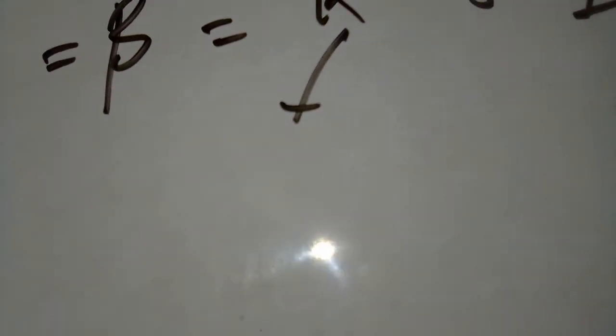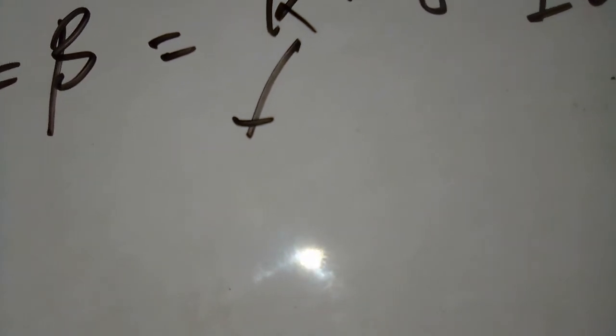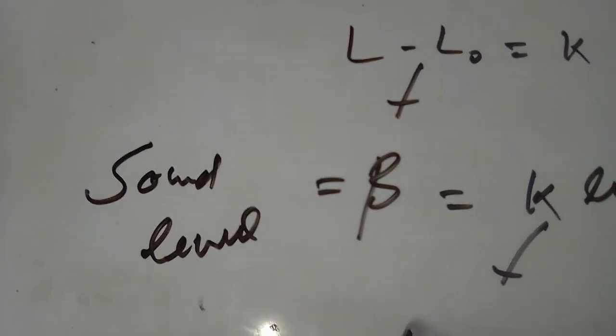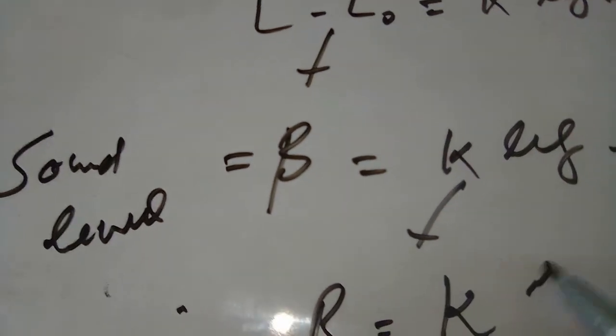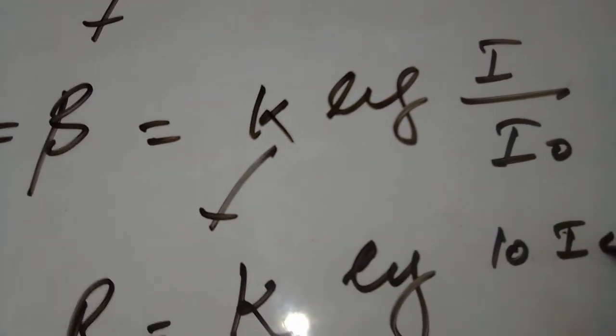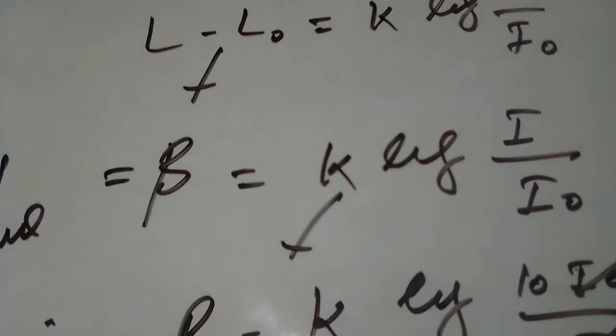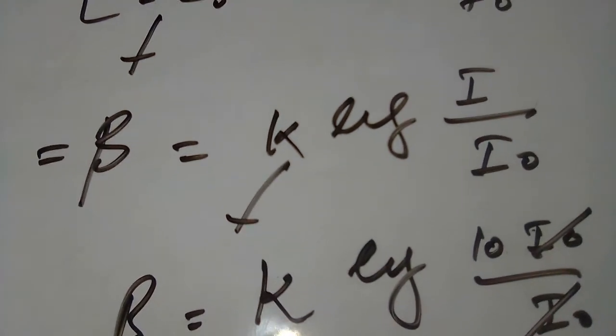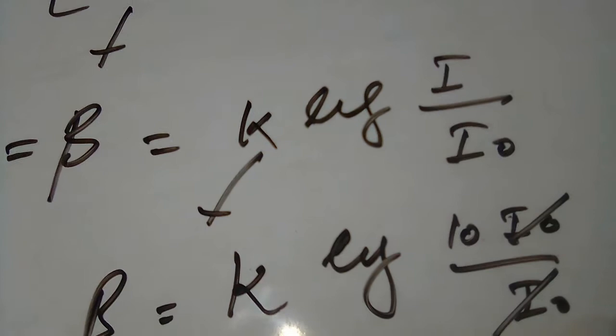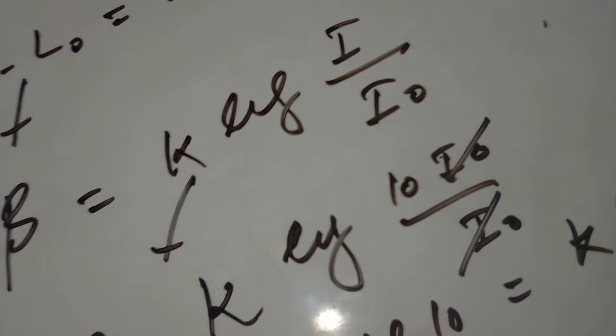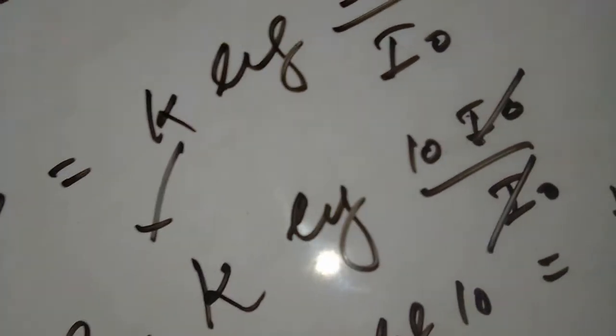If the intensity of an unknown sound is 10 times greater than I naught, then beta is equal to K log of 10 I naught divided by I naught, which is K log of 10. Log of 10 is equal to 1, so the difference of the two levels is K is equal to 1.